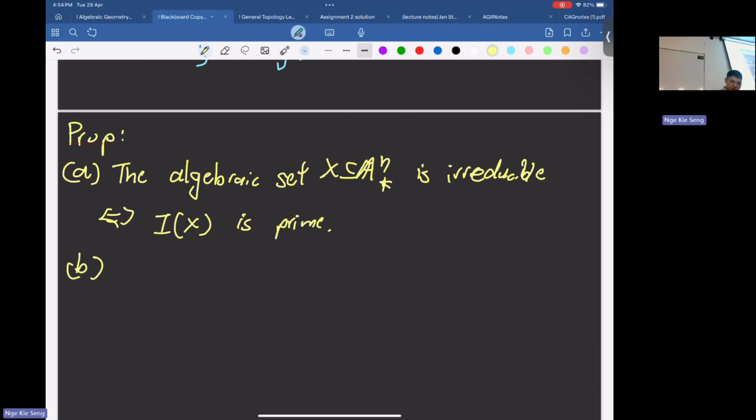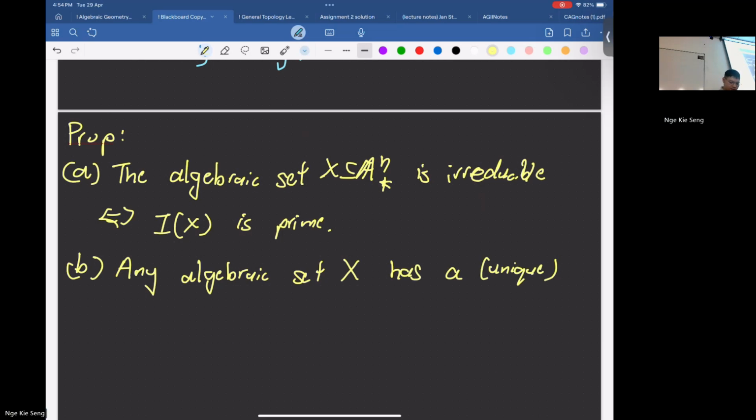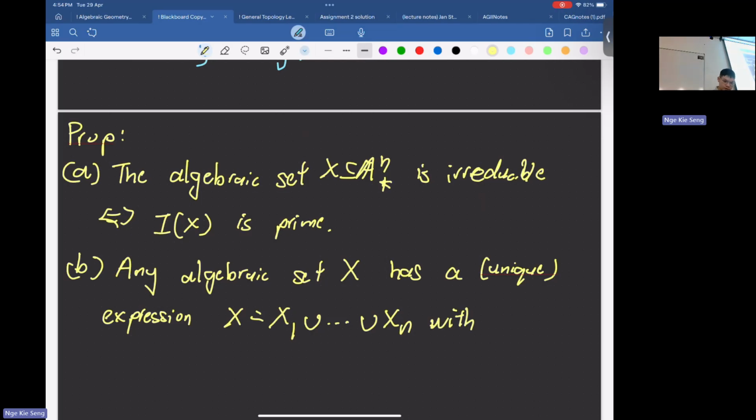And the second one is that any algebraic set X, really, we can break it as a union of irreducible affine varieties Xi, such that each Xi is irreducible. So how is it a building block here? There's a unique way to build it. What kind of unique way?